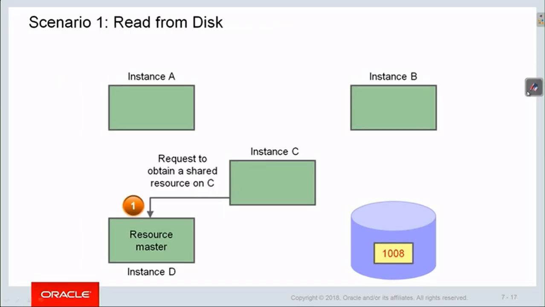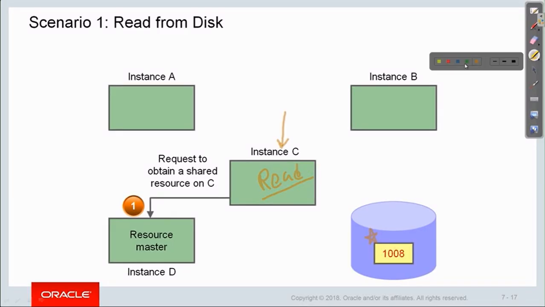In this example, we have one session connected to instance C. This session requested this block on the disk, and this is only for read. So it's not for modification.